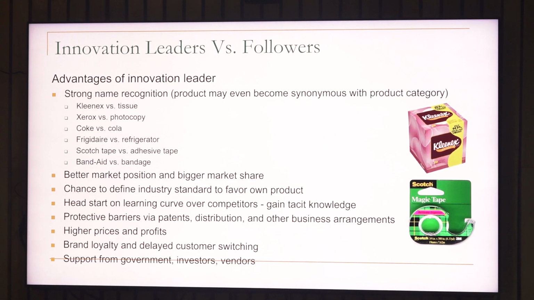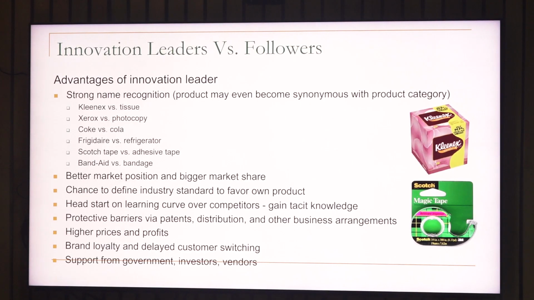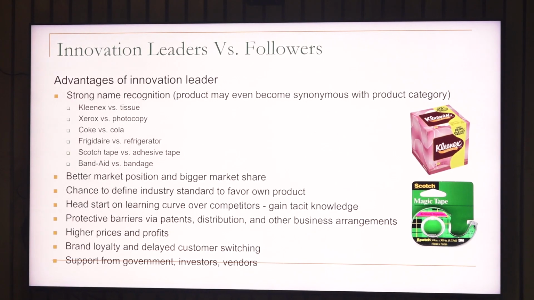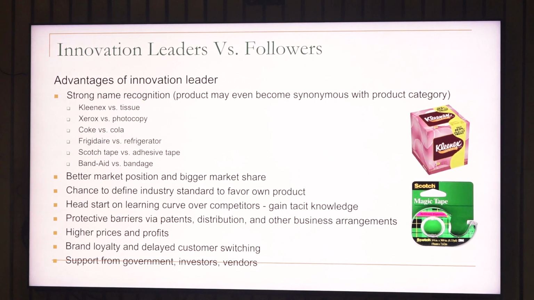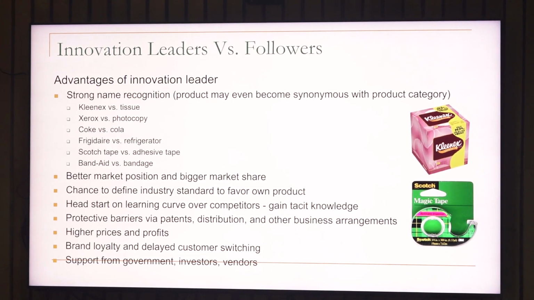Head start on the learning curve, because over a period of time it is our knowledge curve. The more mistakes we make, the more learning we have about the feedback on what people are accepting or will be accepting, or have reservations about. Then protective barriers, higher prices, brand loyalty and support from government, investors and vendors.